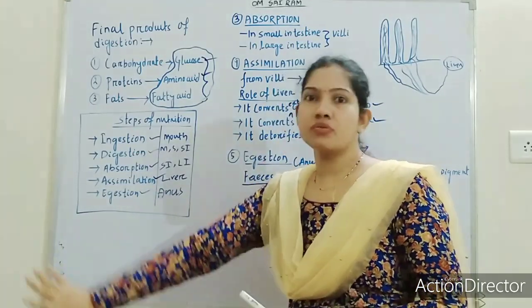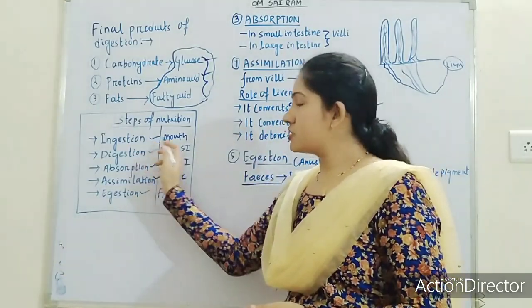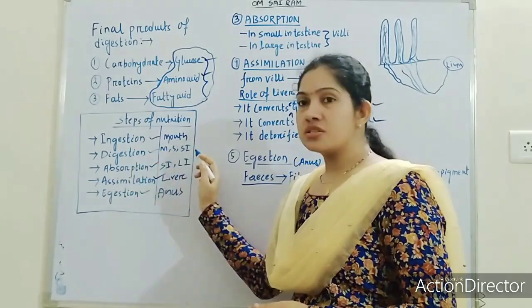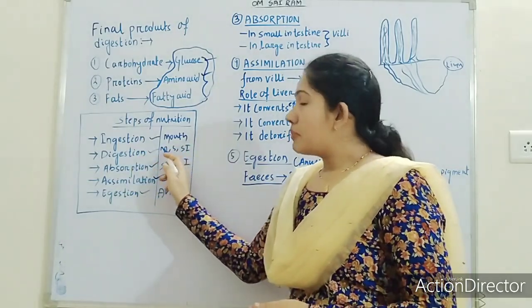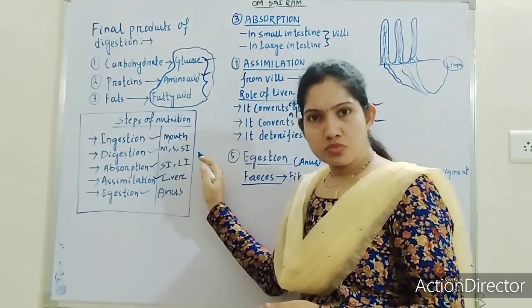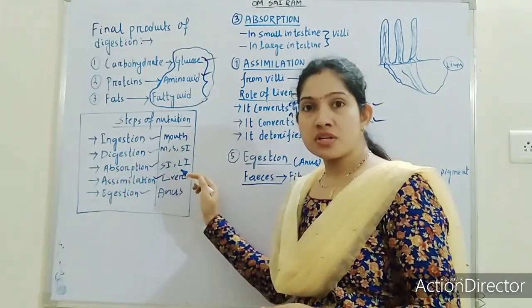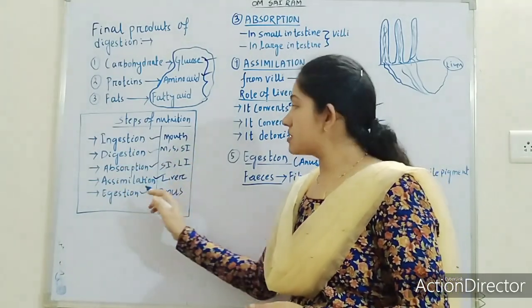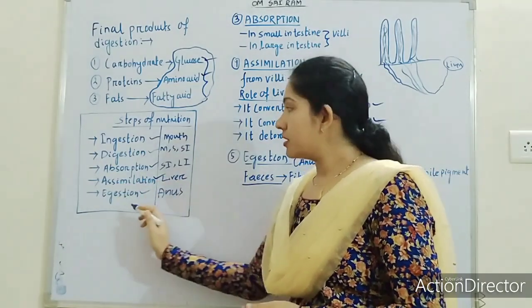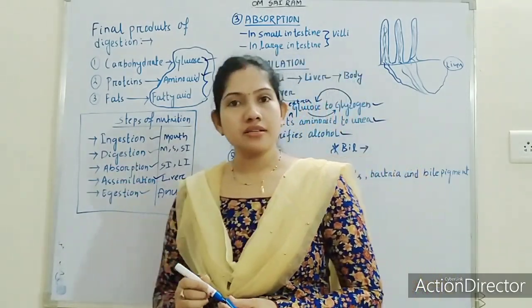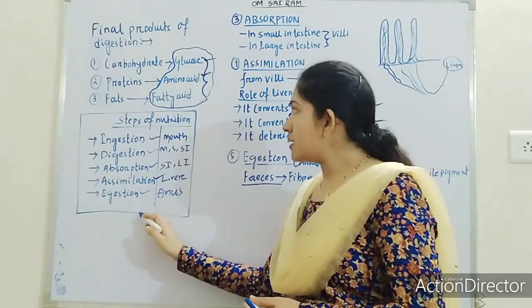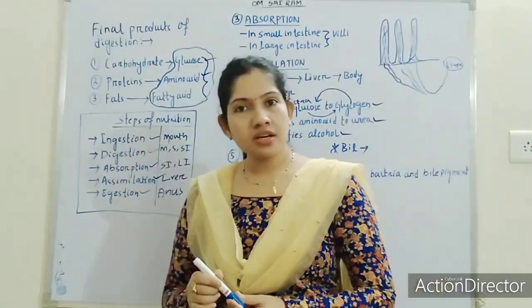Egestion means removing waste. Okay? Ingestion in the mouth. Digestion in the mouth, stomach and small intestine. Absorption in the small intestine and large intestine. Assimilation in the liver and egestion in the anus. So these are the 5 steps of nutrition in our body.